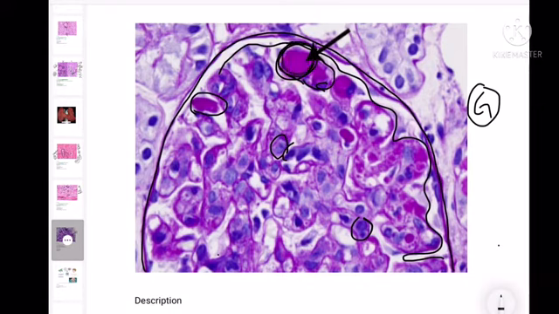If a patient has symptoms like oliguria, decrease in urine output, hematuria, blood in the urine, then hypertension, periorbital edema, we can say that the patient is suffering from glomerulonephritis.